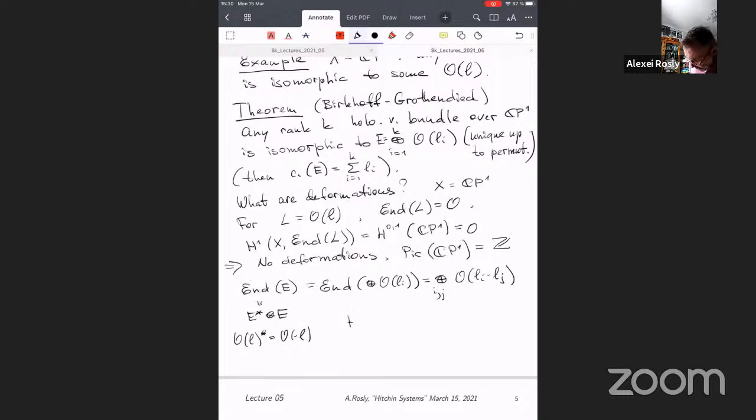And recall that H1 on CP1 for O(L) is 0 for L greater or equal to minus 1, and non-zero otherwise, or I better write it as isomorphic to C to some power. Let me see.